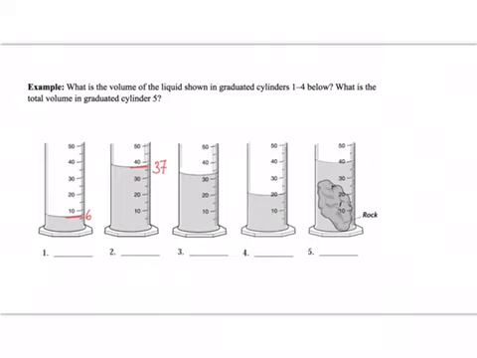The third one, when I take the bottom of the meniscus, it is 1 pitch below the given value, which is equal to 32 cm³, I guess so. And the fourth one, the bottom of the meniscus, is equal to 19, and in the fifth one the bottom of the meniscus is equal to 39 cm³.